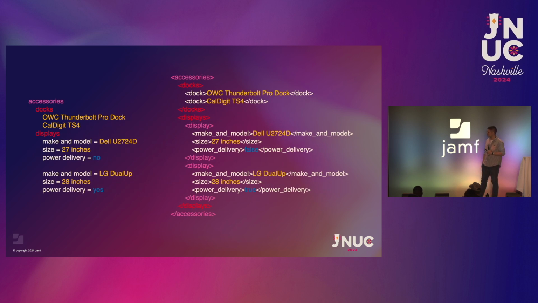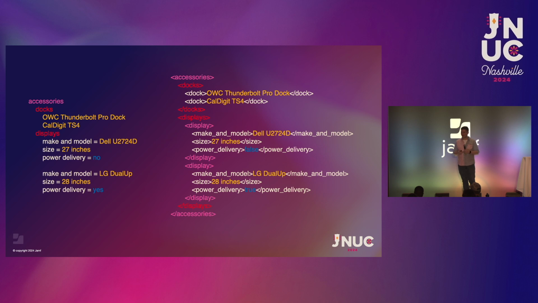Our accessories consist of two types of accessory. We have docks and we have displays. The docks were in a list. They were just listed without any other information, just here's the name of the dock that we're going to buy. And in XML, the lists generally look the same as sort of unordered ones where it's something that would probably be a dictionary in a plist or a JSON, right?